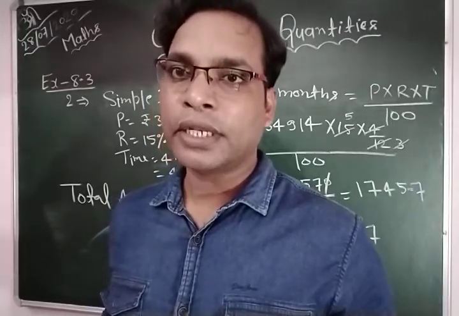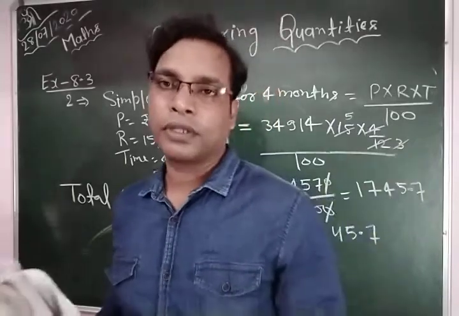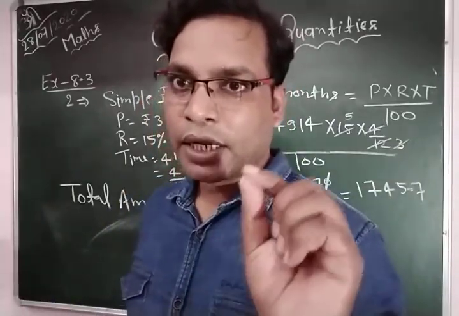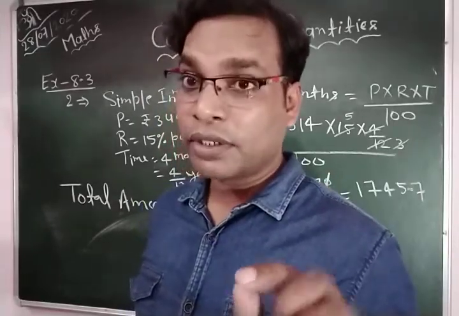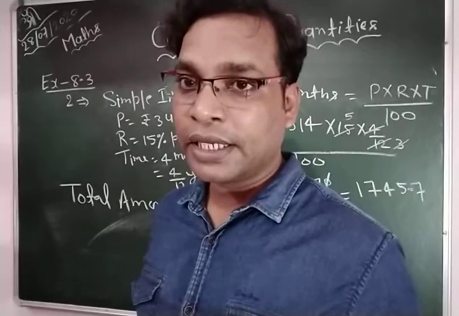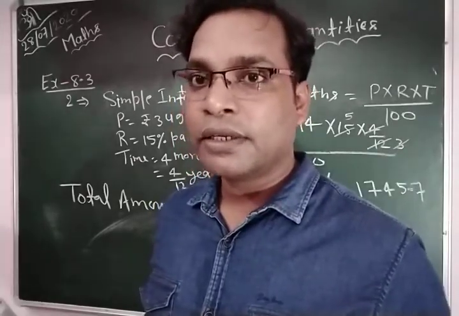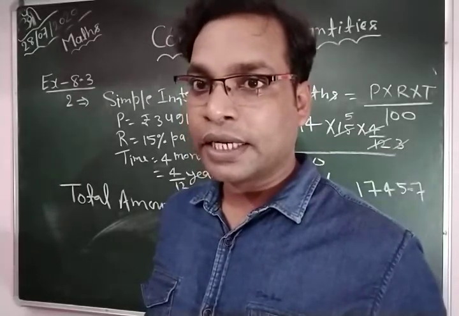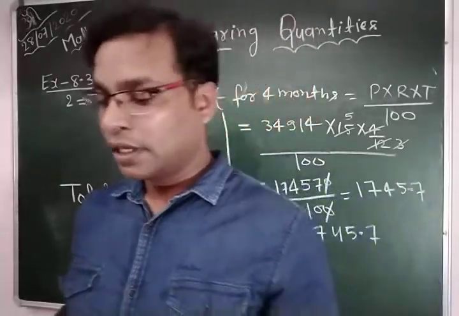Okay, so students, I hope all of you understood how to solve it. Here, in both cases the time is the same and the principal is the same. Principal is 12,500, time is 3 years, but the way of interest is different. Fabina takes simple interest and Radha takes compound interest, and the rate is also different.